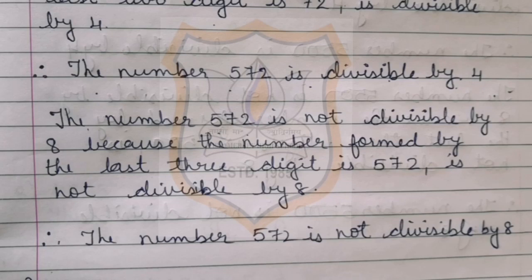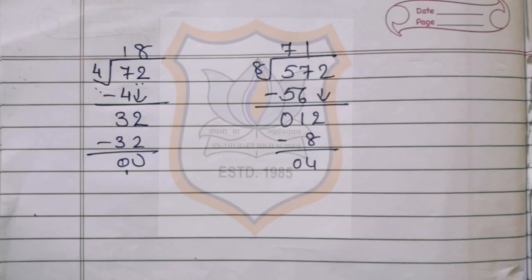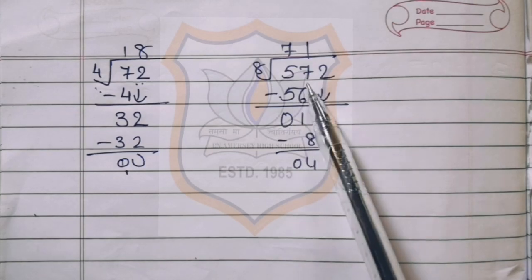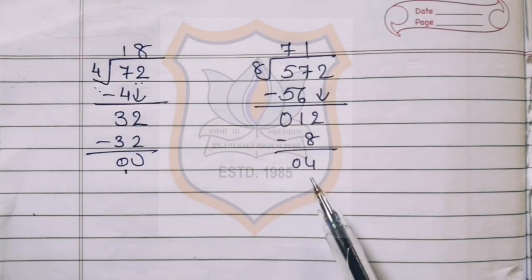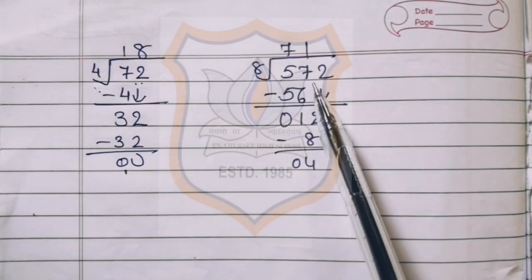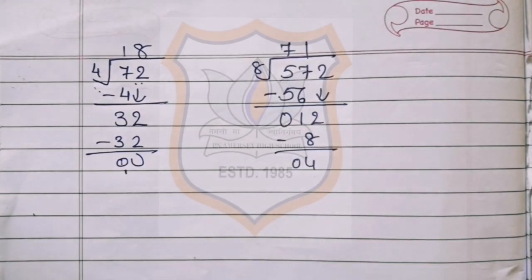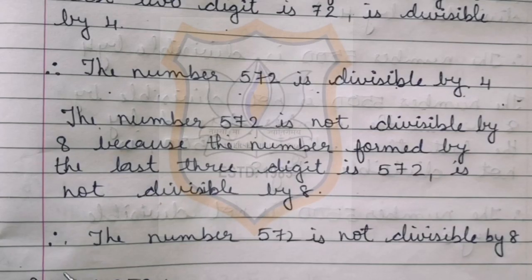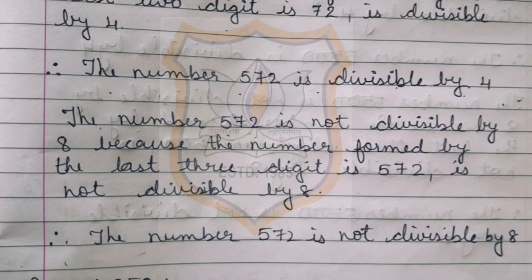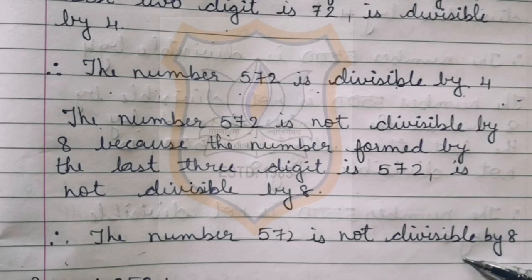So first we have to divide 572 by 8. Now as you can see, by dividing 572 by 8, we get 4 as a remainder. So this number is not divisible by 8. Therefore, the number 572 is not divisible by 8. So we can say that number 572 is divisible by 4, but it is not divisible by 8.